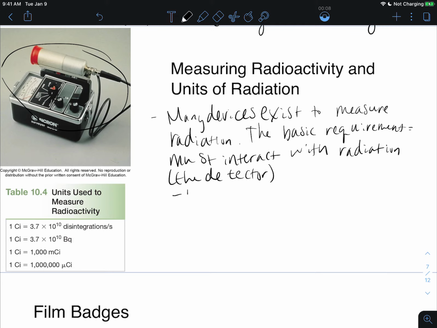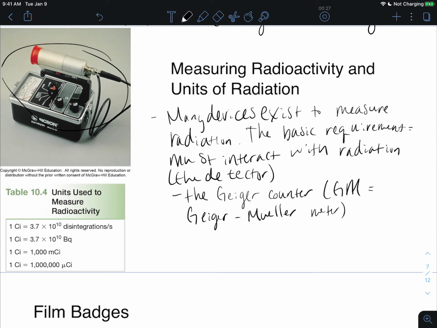The most common is the Geiger counter. It's also called the GM, which is the Geiger-Mueller meter. And it's the thing that beeps as radioactive particles are hitting the detector.